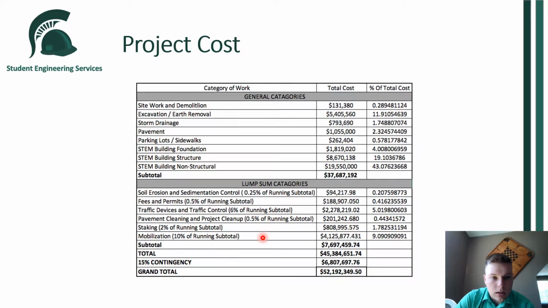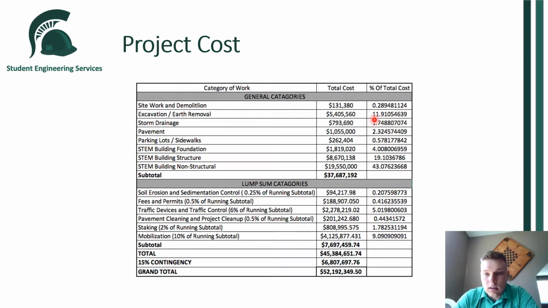Below we have a lump sum category section. These are just general costs to the overall project, and these are based off of percentages, as you can see here, and the running subtotal to that category. The subtotal down here is $7,697,459 and some change.